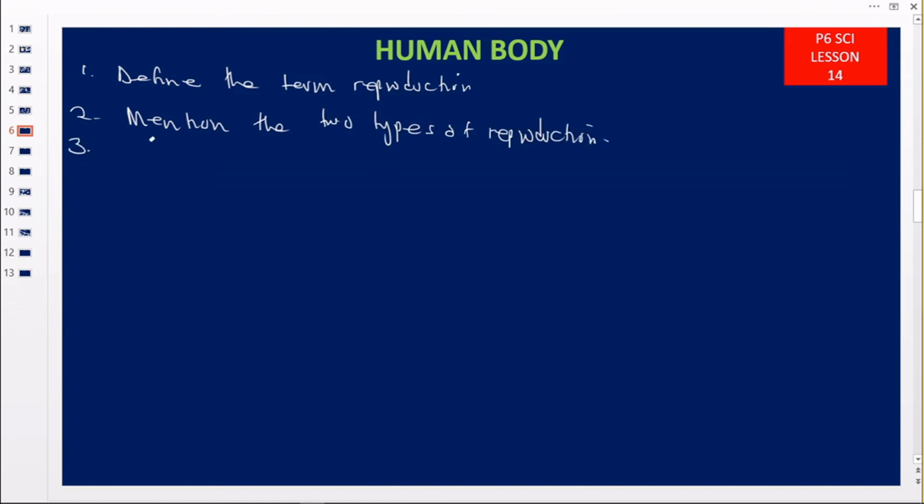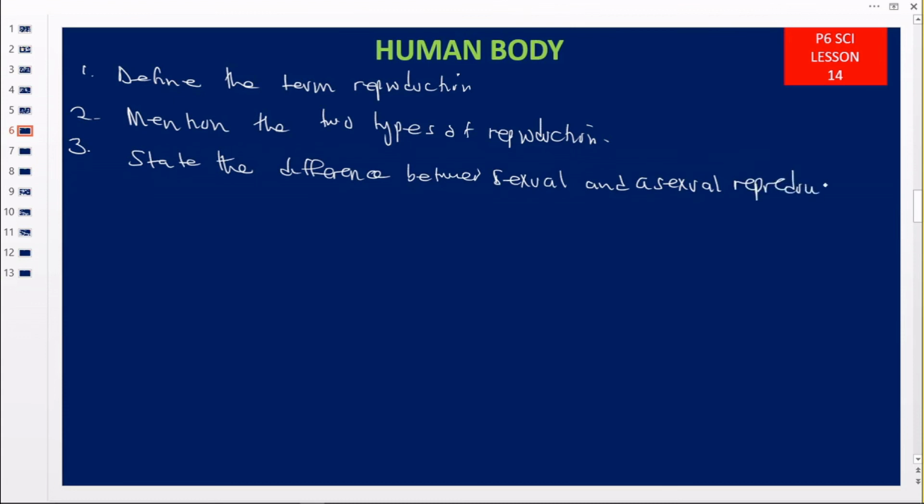Number 3, state the difference between sexual reproduction and asexual reproduction. And then number 4, what does the term kindling mean?